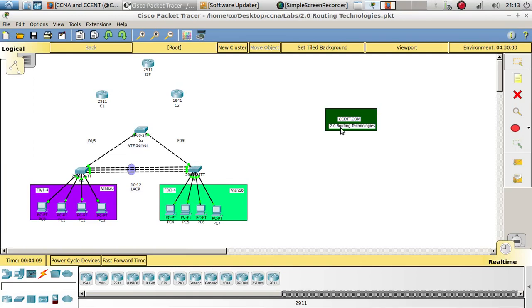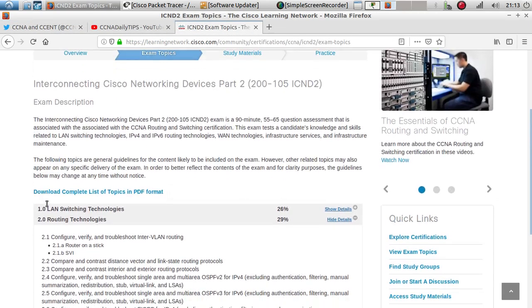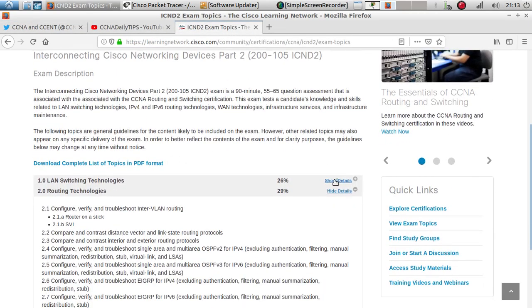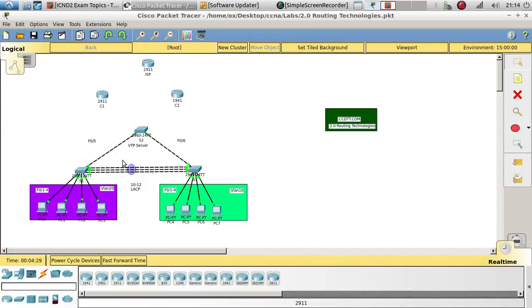So in the video before, we did this network over here and we talked about LAN switching technologies. In that topology, I'm going to show you what we did. We did LACP right here, an EtherChannel.